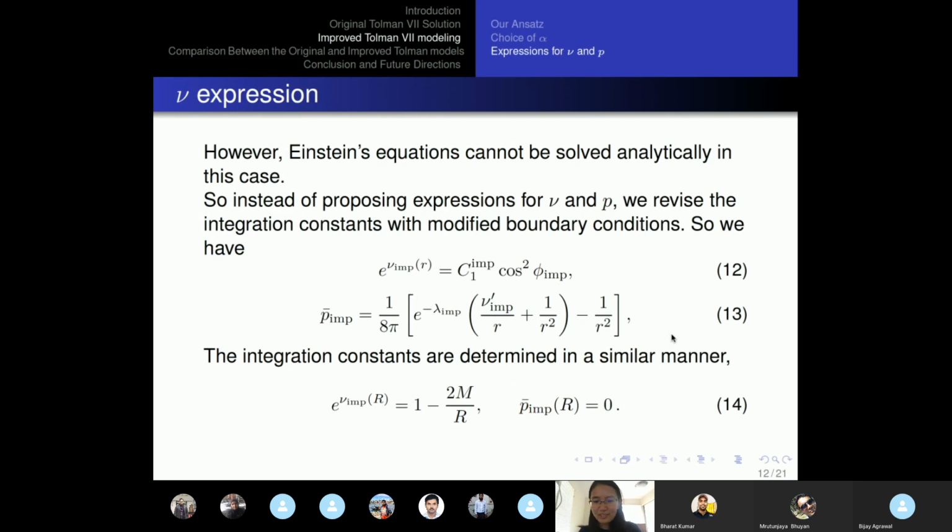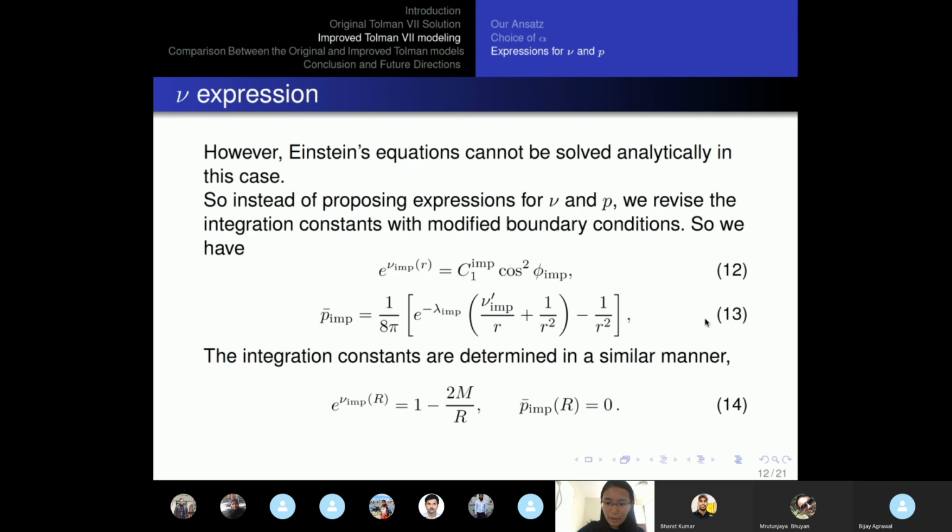However, in this case, the Einstein equation cannot be solved analytically. We also tried many other methods, like the perturbation series and resummation, but they all don't have very satisfying outcomes. So instead of proposing some new expressions, we just revise the original Tolman solution with modified boundary conditions. Here, equation 12 is the same as the original Tolman solution.